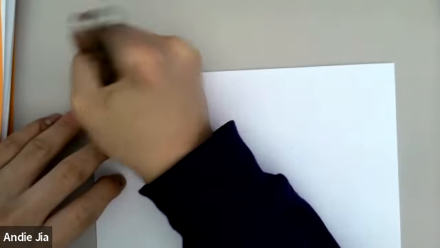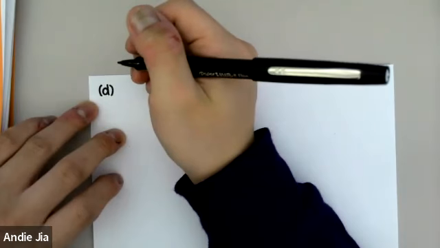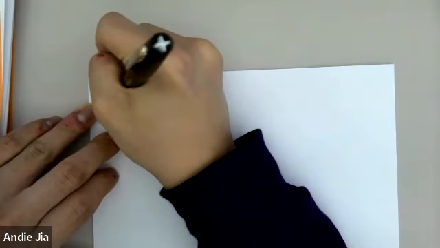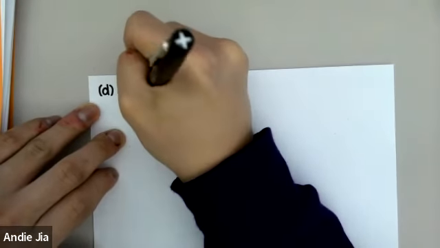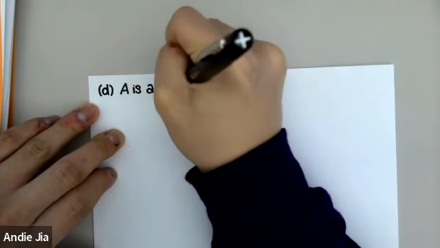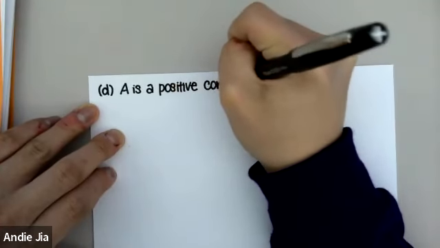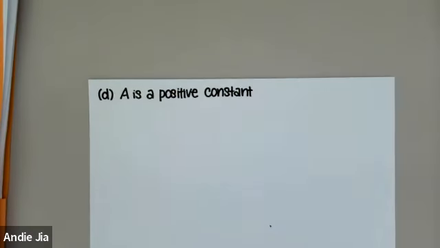Let's move on to the limit, question 1D. A is a positive constant. Let me check my phone, to make sure there's nothing I missed.